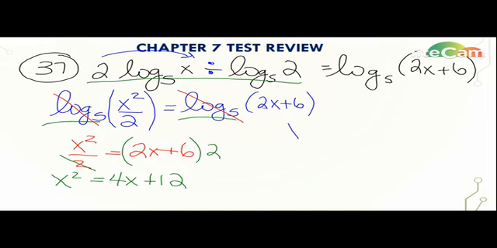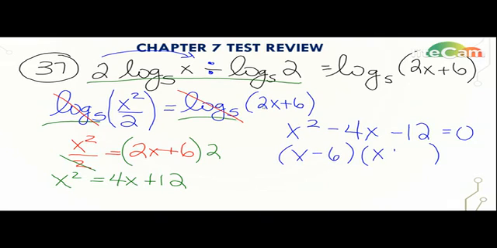I'm going to subtract the 4x and the 12 over because it's an x squared. I'm going to have to factor. It's a quadratic. So x squared minus 4x minus 12. I'm going to factor that as x minus 6, x plus 2. That'll give me the negative 4x in the middle and the minus 12 at the end. So I get x equals 6 and x equals negative 2.